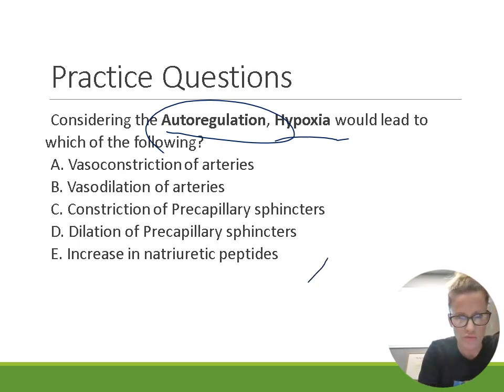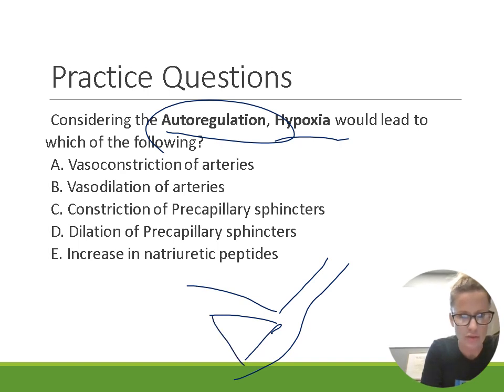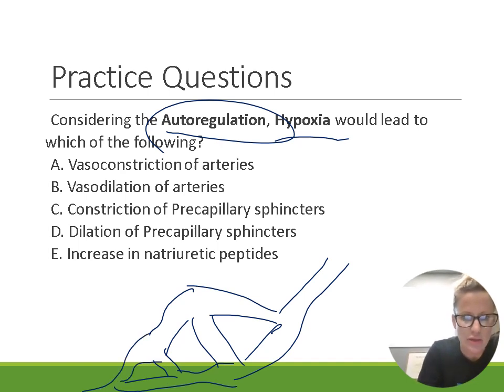You have an arteriole leading in and then that splits into all these interconnecting capillaries within the capillary bed. And all along this capillary bed, you have little precapillary sphincters, little circular bands that control the flow through the different parts of the capillary bed.